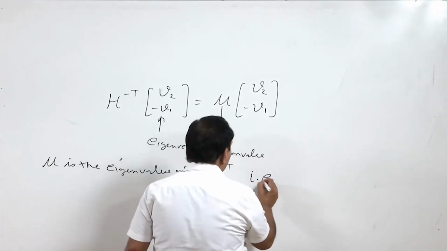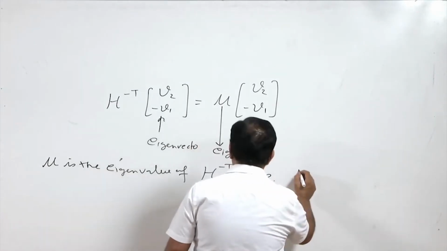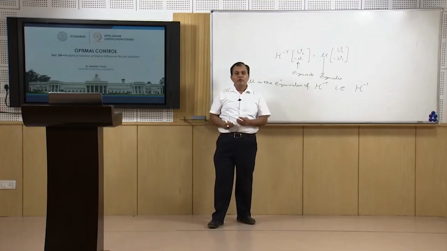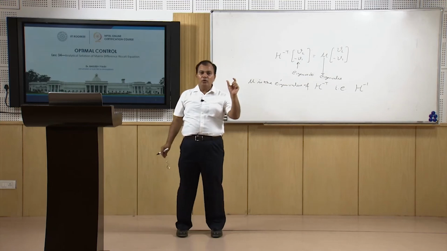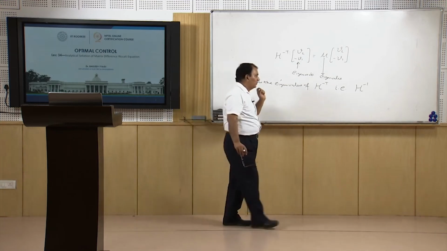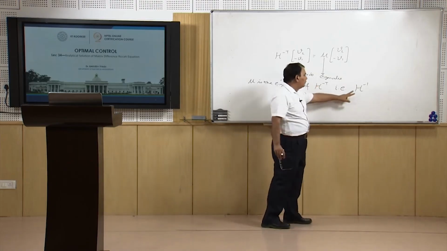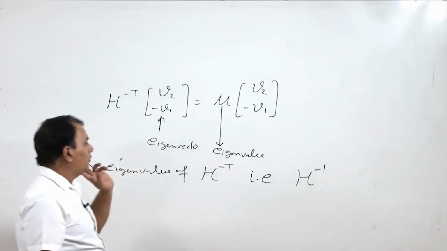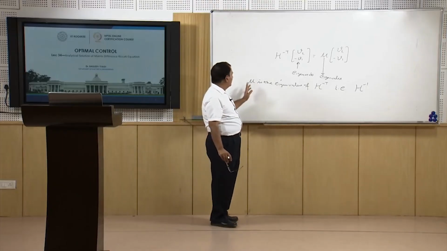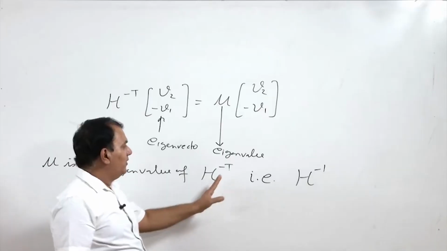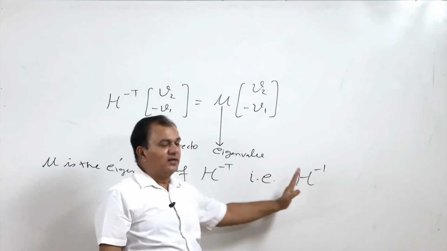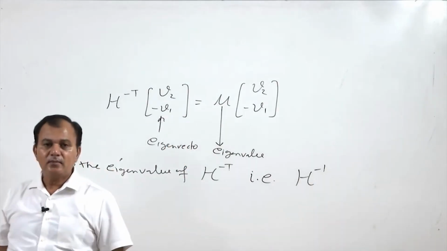This means mu is also the eigenvalue of H inverse, because if a matrix has an eigenvalue, its transpose will also have the same eigenvalues. So, the transpose of the H inverse and the H inverse have the same eigenvalues.